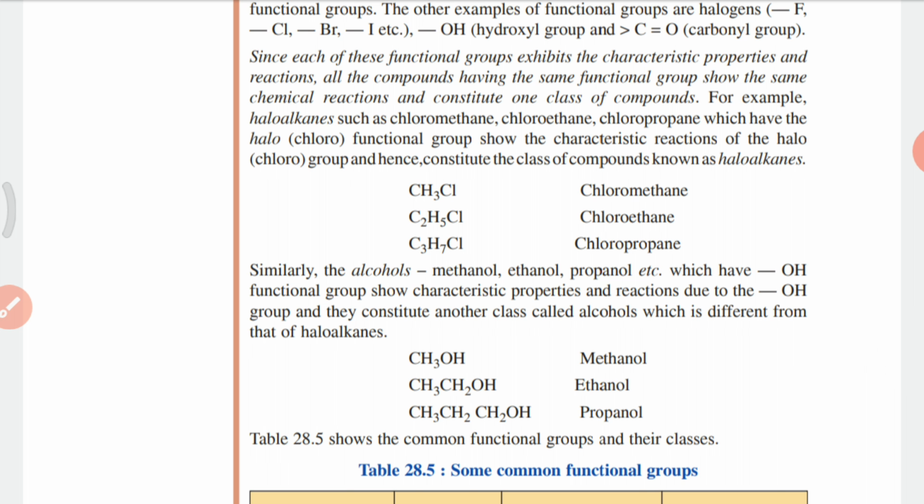If we add OH to CH4, methane, it is methanol. If we add it to C2H6, it is ethanol. If we add it to C3H8, it is propanol, etc. All these, methanol, ethanol, propanol, etc., are grouped in a class of compounds known as alcohols.